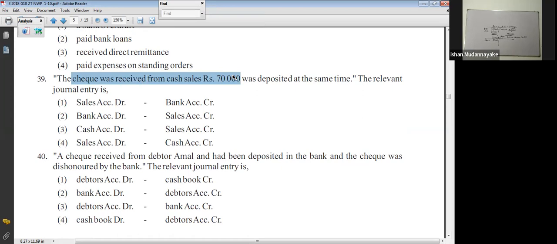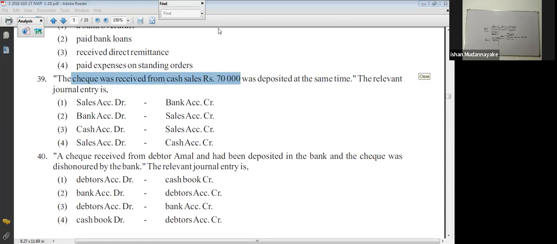First of all, you received the check, received cash. And having received the check, you quickly deposited it in the bank account. What is the double entry for question 39?